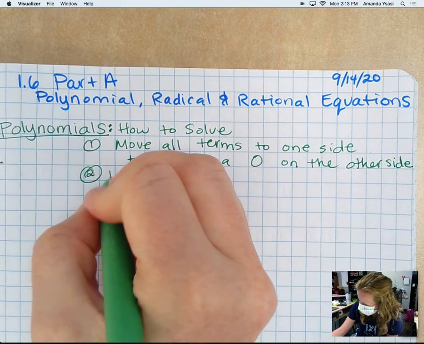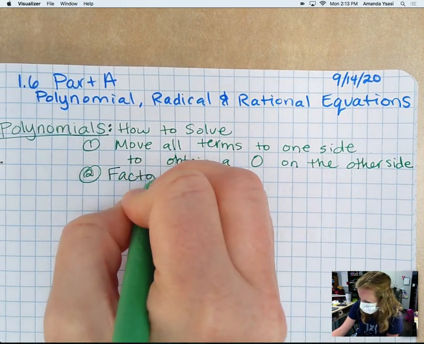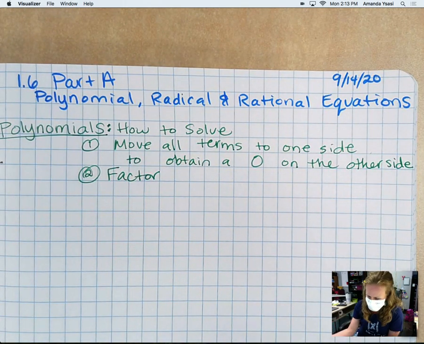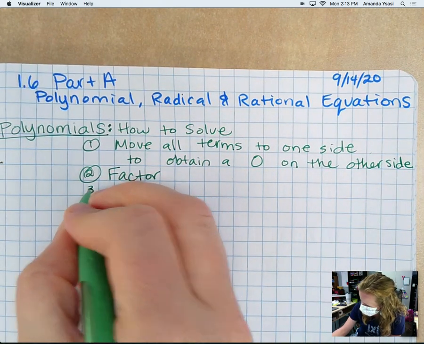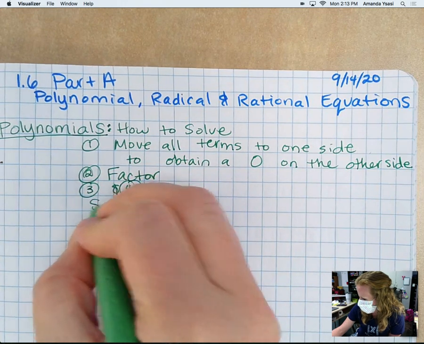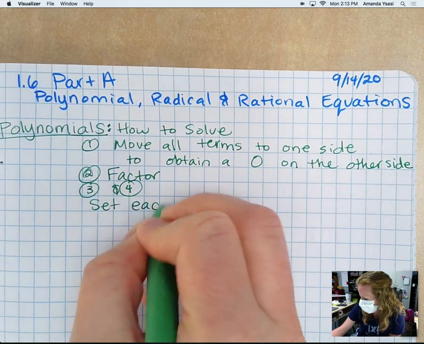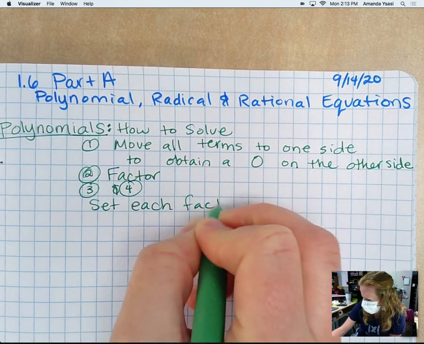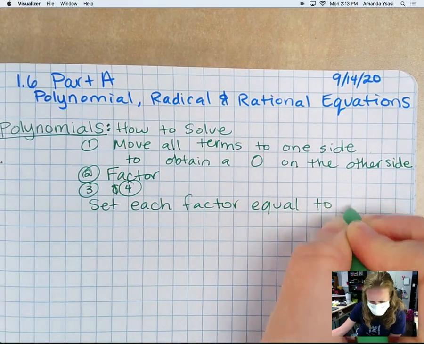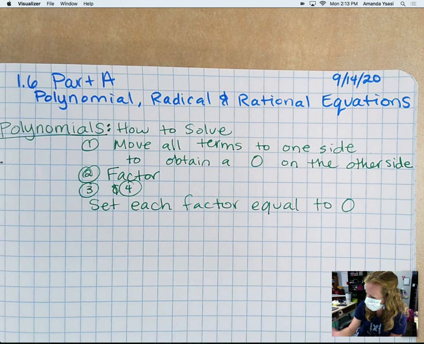Step two would be to factor. And then steps 3 and 4, you're going to set each factor equal to 0 and solve.